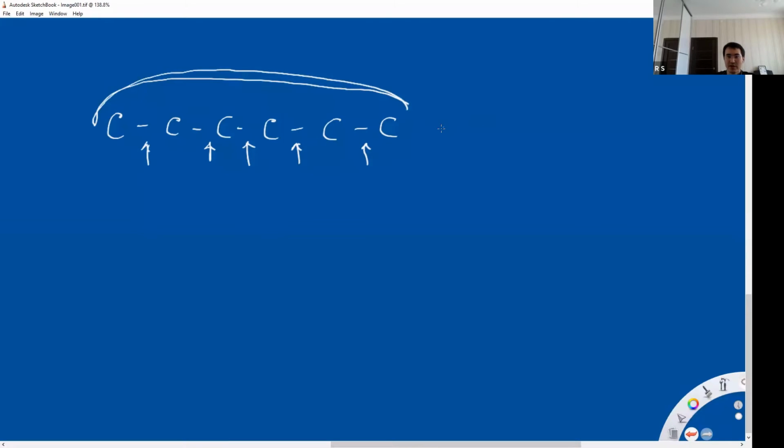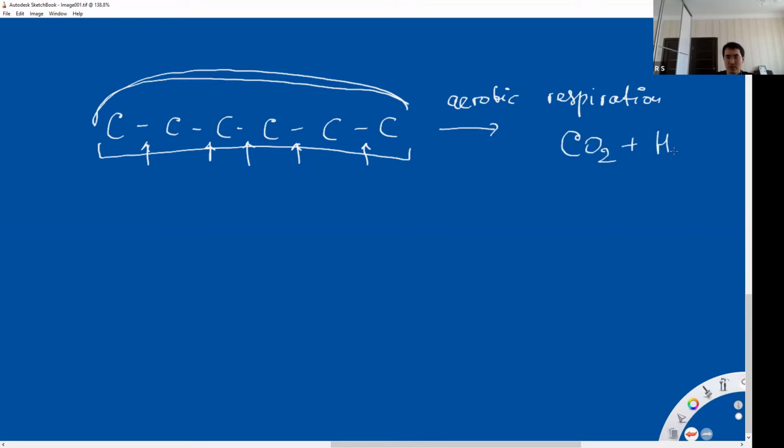And by aerobic respiration, we can extract this energy by reducing glucose to CO2 and water. So of course you need oxygen here.